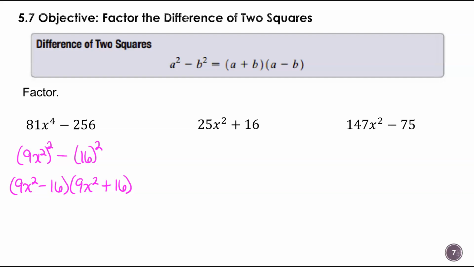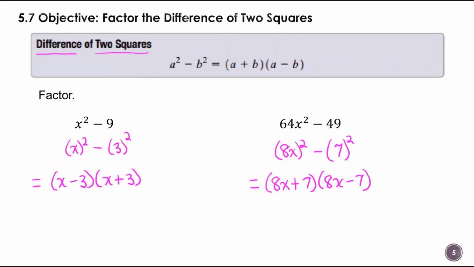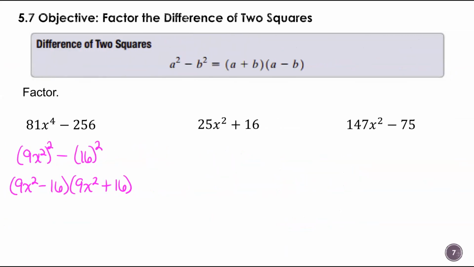It doesn't factor because it's a sum of squares, right? So far, we haven't had a sum of squares. We've just had a difference on each one of these. On this one, once we factored out the negative 2, it was a difference. Okay, so this one stays.